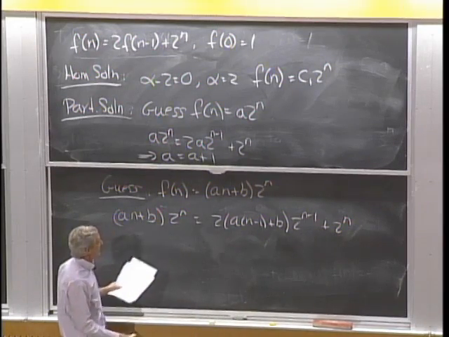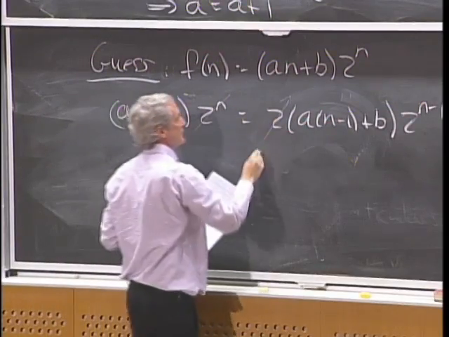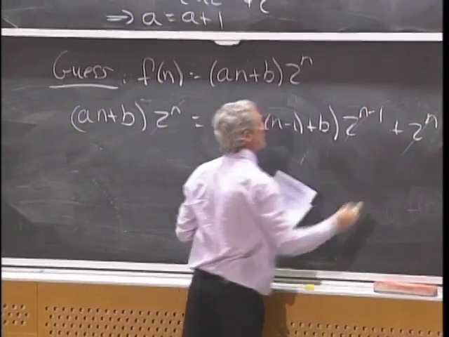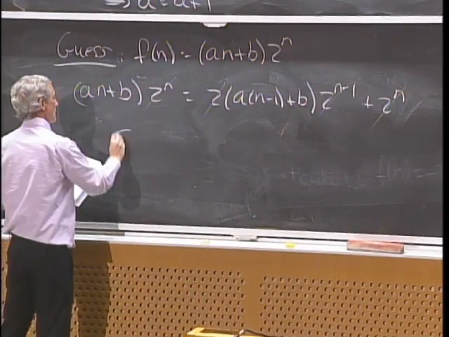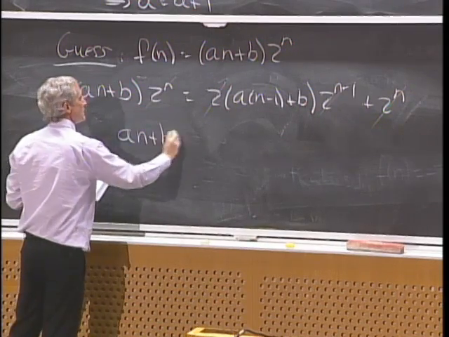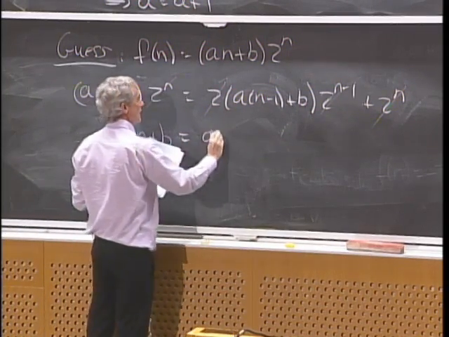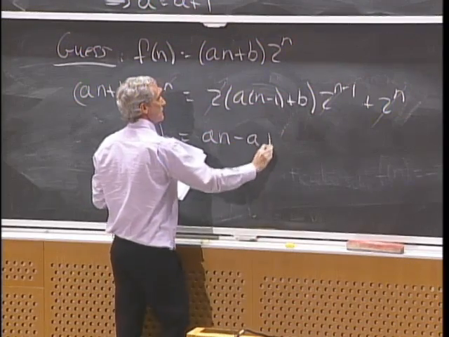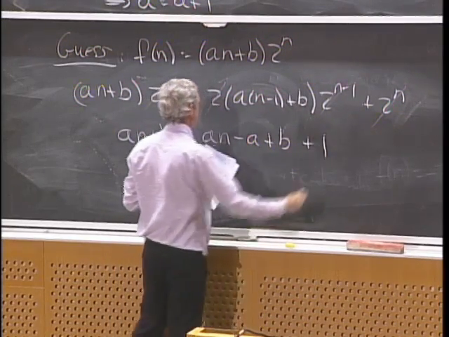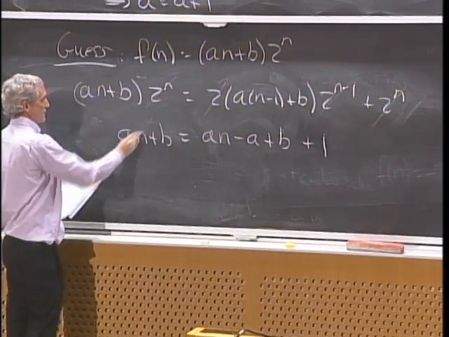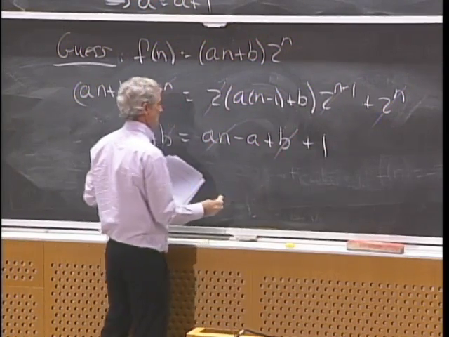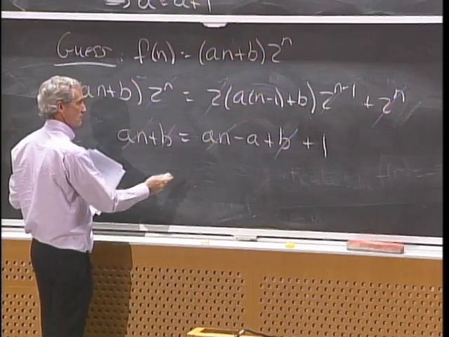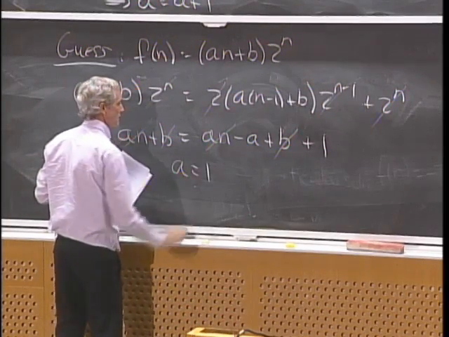All right, now I can divide out the 2 to the n's here, like I did before. And I get an plus b equals an minus a plus b plus 1. That cancels here. B cancels. So I got a solution. A equals 1.